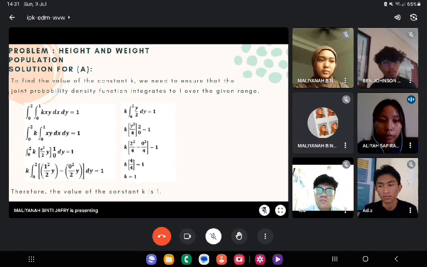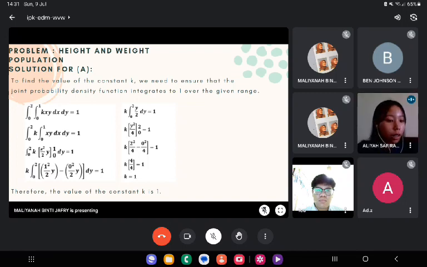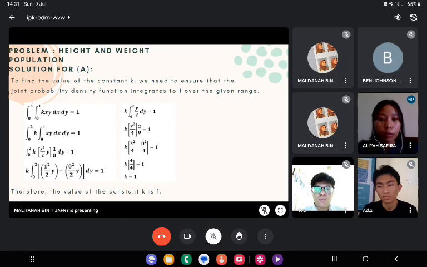First we integrate x, which gives x squared over 2 times y, and then we insert 0 and 1 into x, which gives 1 squared over 2 y minus 0 squared over 2 y. Next we integrate y, which gives y over 2. The same as x, we insert 0 and 2 into y, and then we get y squared over 4. And then we get 2 squared over 4 minus 0 squared over 4 equals 1. So k times 4 over 4, therefore the value of the constant k is 1.